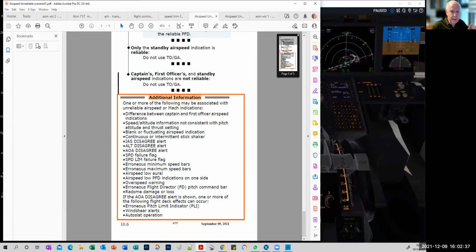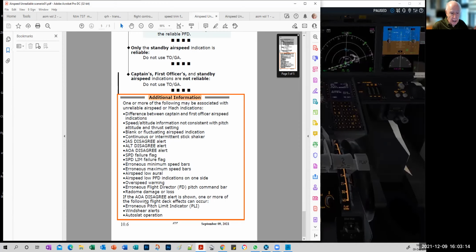Okay. Speed failure flag, a speed limit failure flag, erroneous minimum speed bars, erroneous maximum speed bars in view when they shouldn't be in view, airspeed low oral, airspeed low, PFD indications on one side, overspeed warning, erroneous flight director pitch command bars, radome damage or loss.